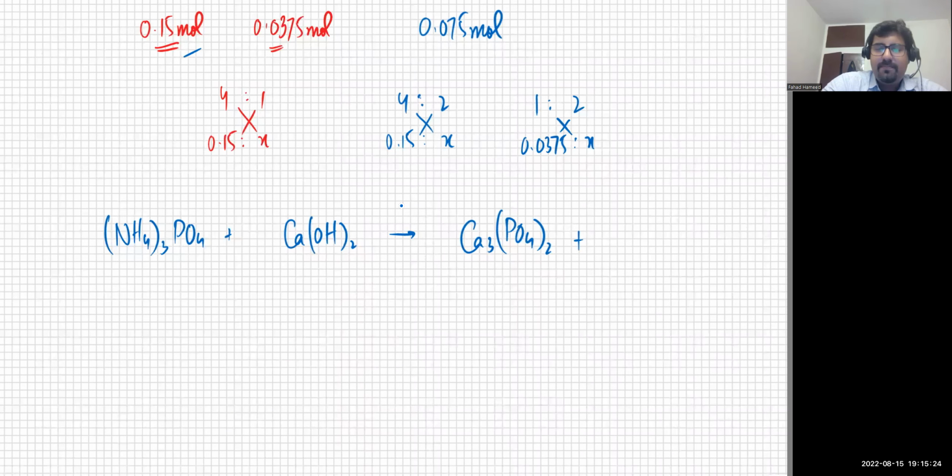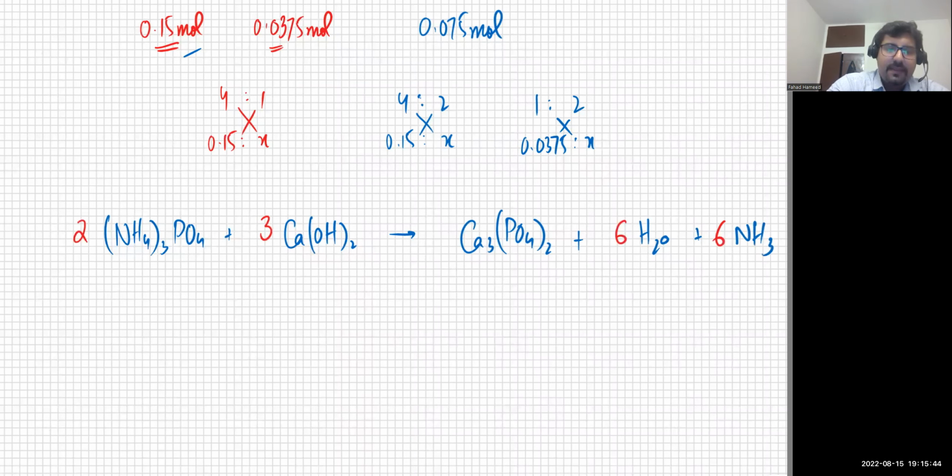So let's balance this. 3 calciums are the easiest ones first. PO4s, 2 of them on that side. So 2, and this is going to be 6 water and 6. So let's say the equation is given. So 2 reacts with 3 of this. They produce 1 of this, they produce 6 of this, and they produce 6 of this.